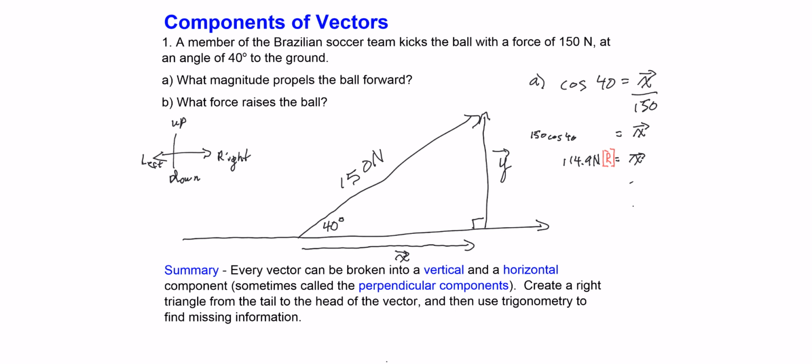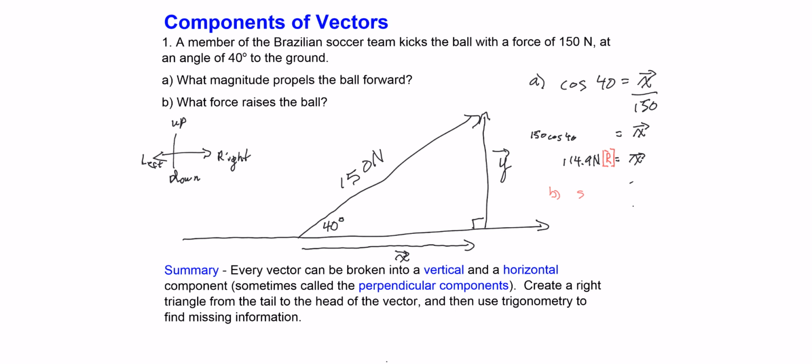Now, let's do the same for the force that raises the ball. The force that raises the ball is going to be the sine of this. The sine of theta is going to be this over this part. So now when we do our calculation, we're going to get b.